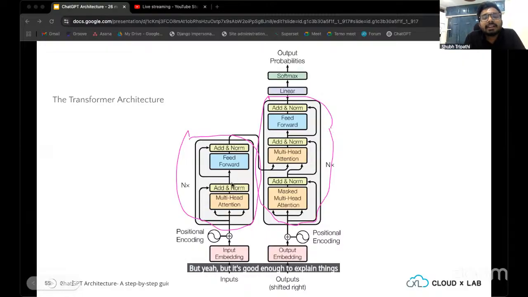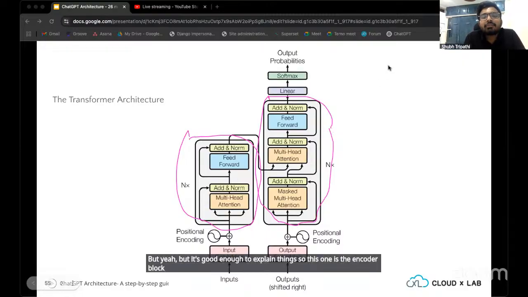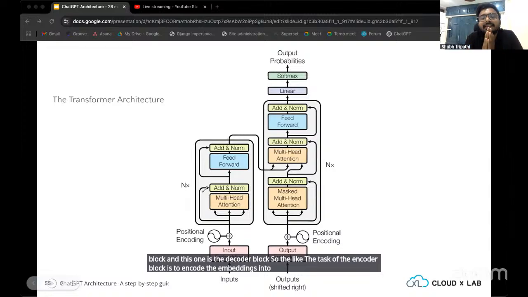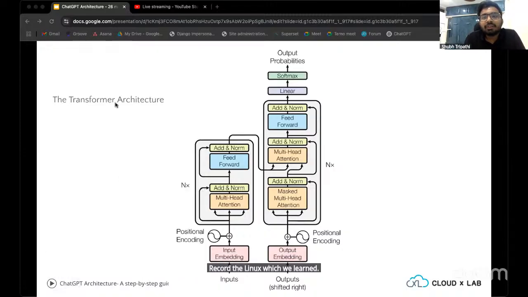So this one is the encoder block, and this one is the decoder block. The task of the encoder block is to encode the embeddings into a representation that machines can understand, and then we use the decoder block to decode the learnings which we learned. So let's see how exactly we do that.